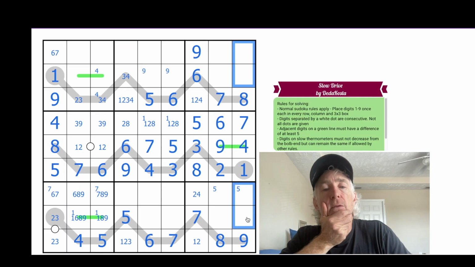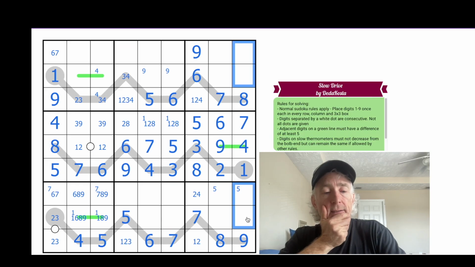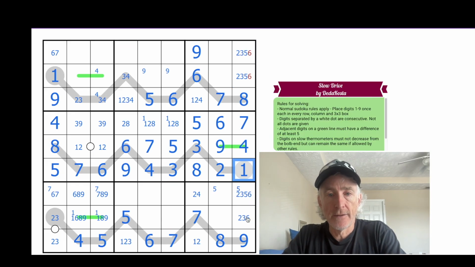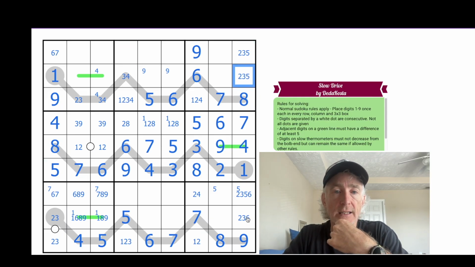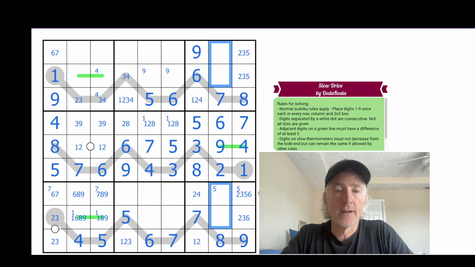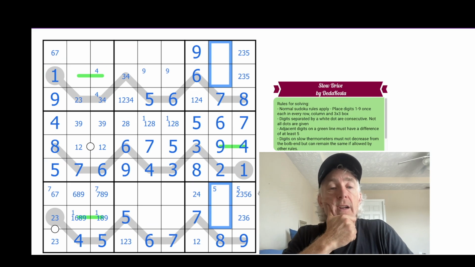This column needs 2, 3, 5, and 6. Okay, that's not 5. That's not 6. Neither one of those are 6. And these cells here are 1, 3, 4, 5.